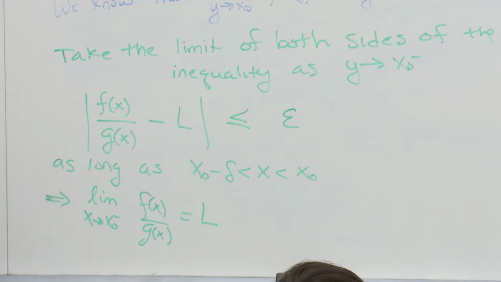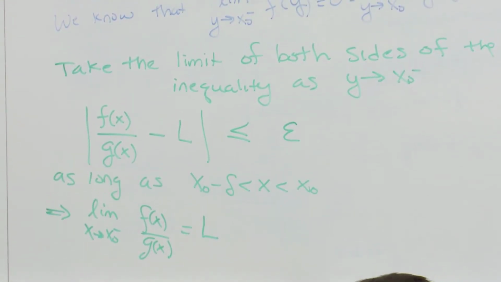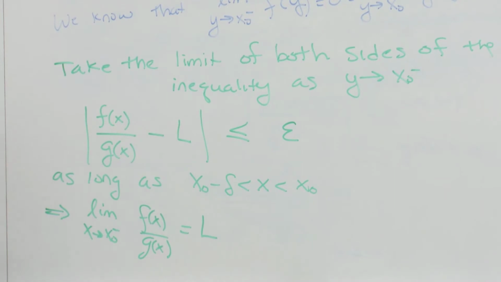Right, now what we could then do is make exactly the same argument coming at x naught from the right. I'm not going to write any of that down because there's absolutely nothing different about that argument. The only thing that happens is this picture gets flipped.